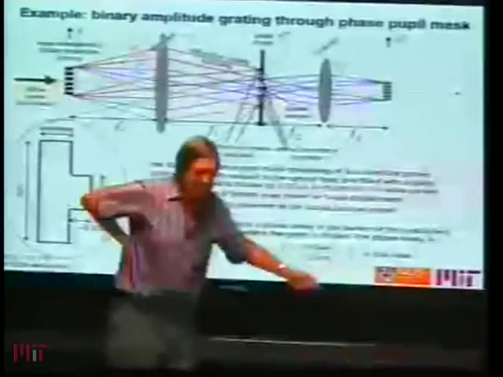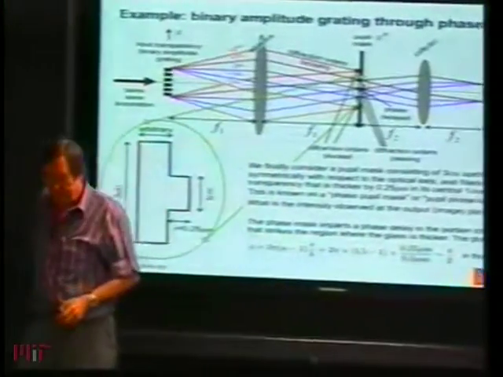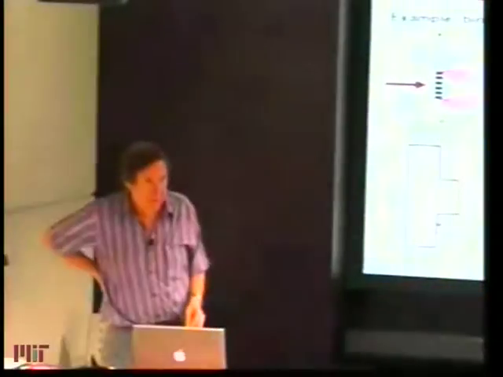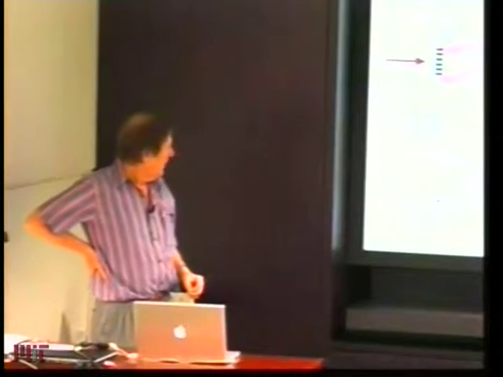So this is 0.25 microns divided by the wavelength, and it's got to be multiplied by 1.5 minus 1. So this is assuming it's glass. This means that the phase change is pi over 2. Right, so not pi, but pi over 2.